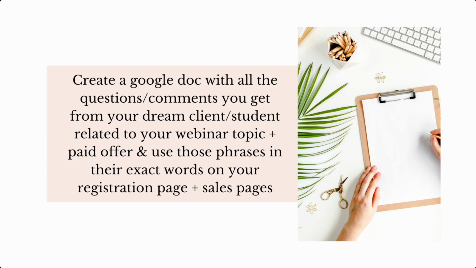What do they struggle with the most? What do they desire the most? What is their current situation they're stuck in? What are their biggest limiting beliefs that are stopping them from taking action? And what are their biggest objections that are stopping them from purchasing my offer? When you know your dream clients' or students' biggest limiting beliefs and objections, you can debunk them in your copy.